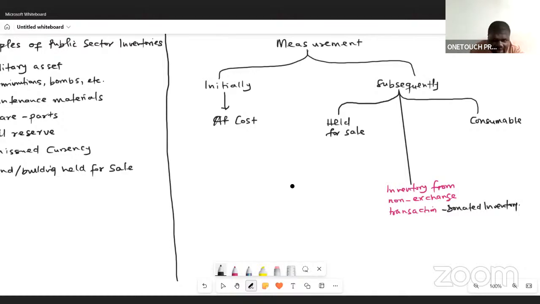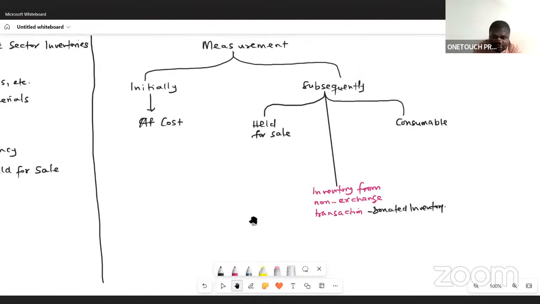So if it is held for sale, then what the standard is saying is very simple. It should be carried at the lower of cost and net realizable value. So this one is the same as what we know in FA.